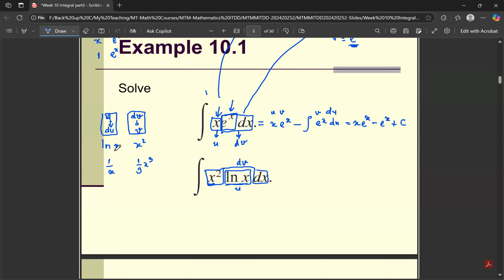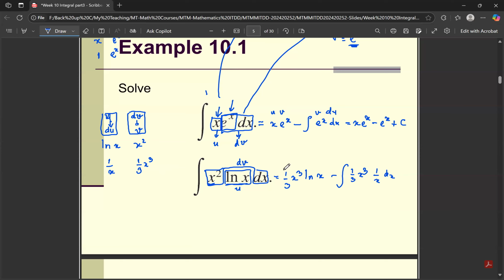So we have here as u, ln x. This is v, so we have 1 over 3 x cubed times ln x, and minus, this is v, 1 over 3 x cubed, and du is 1 over x dx.